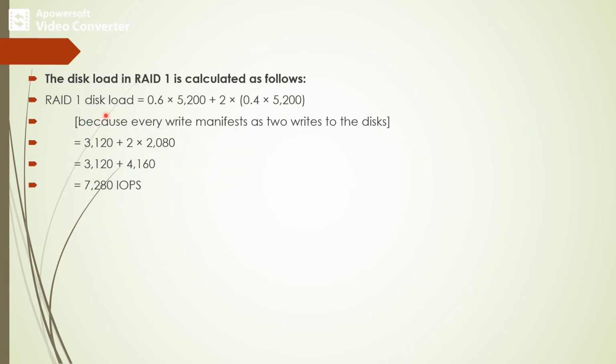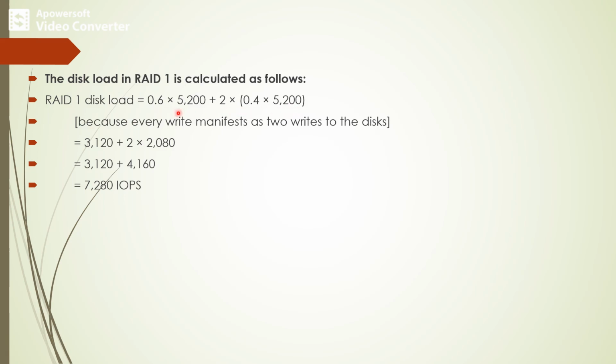Similarly, we have to compute the disk load for RAID 1. In the case of RAID 1, what is the penalty? The write penalty is 2, so I can use the same equation. 60% of them are reads and the remaining 40% of IOPS are write operations.